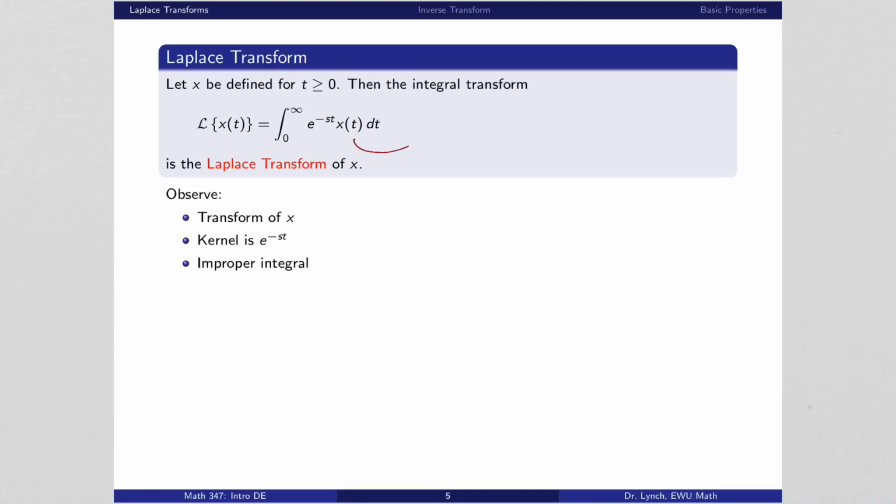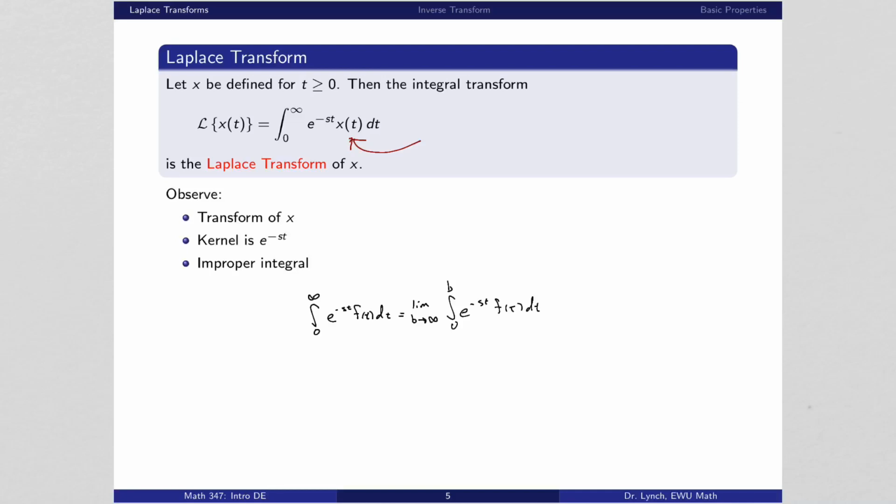Well, maybe, right? One of the things we know about this integral being an improper integral is that it may or may not converge. In general, in this class, we're going to be interested in integrals that converge. But nevertheless, we'll go ahead and use our Calc 2 knowledge to address this integral as the limit of a finite integral.